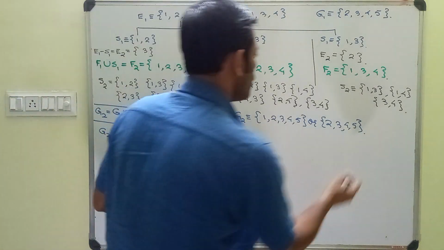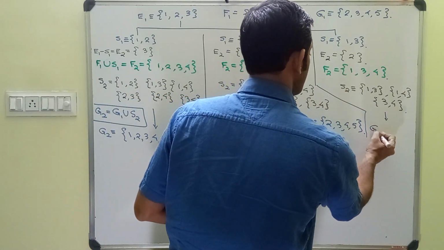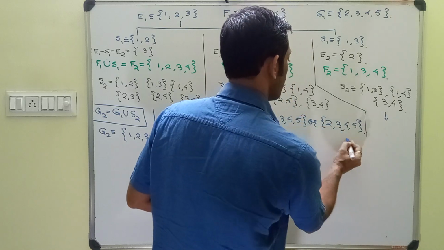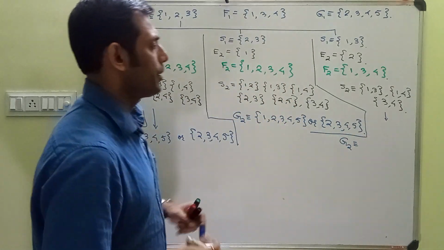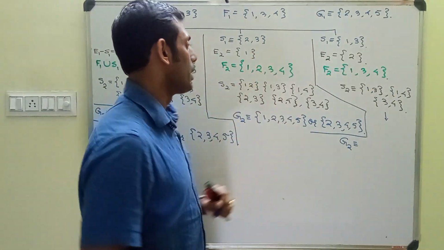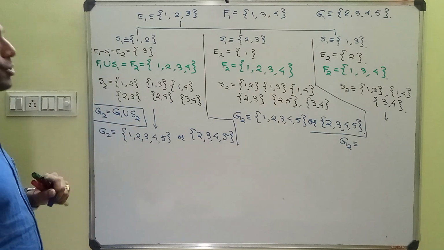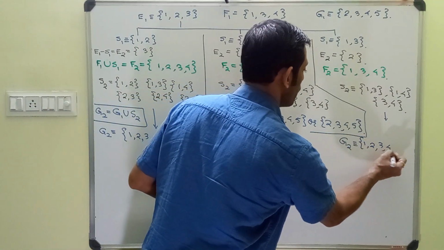Whereas in case of this, the possible evaluation for G2 can be like, if I take these two sets with G1 union S2, then I can have 1, 2, 3, 4 and 5.